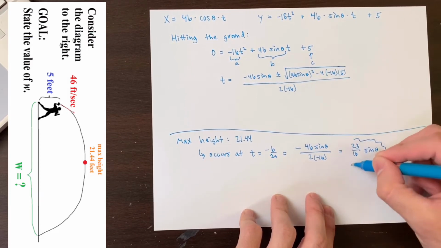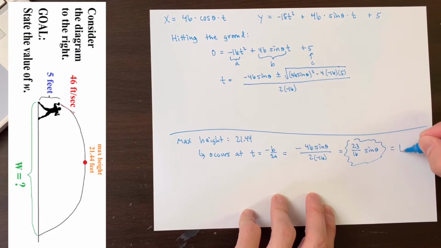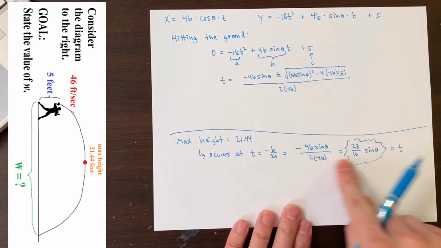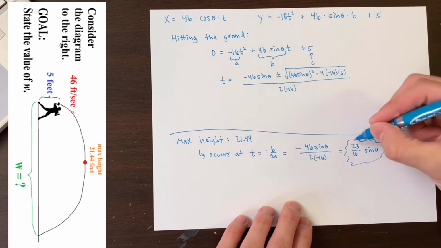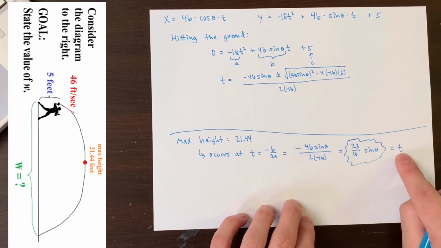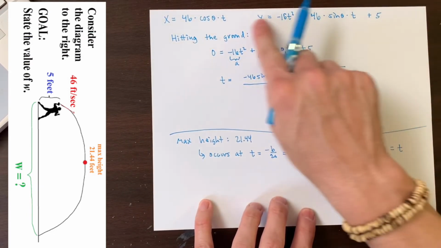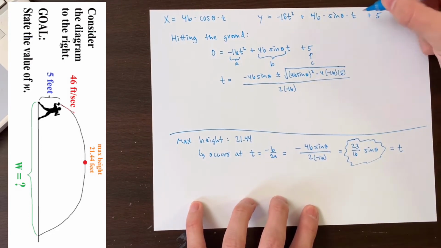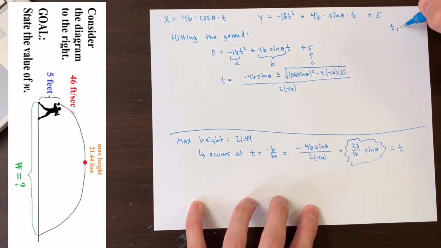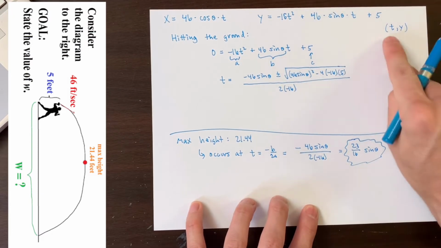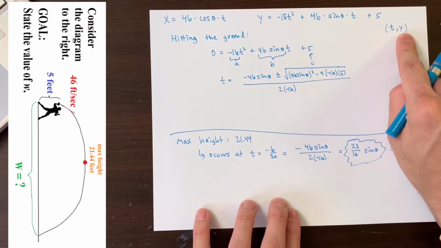So this here, that is a t value, right? That equals the t value when we reach our maximum height. But recall that for this function here, the coordinates are not x and y. The coordinates are t and y. At a specific time, you have a specific height.